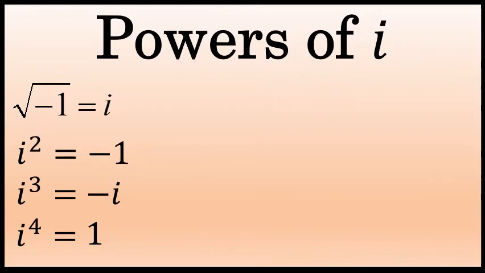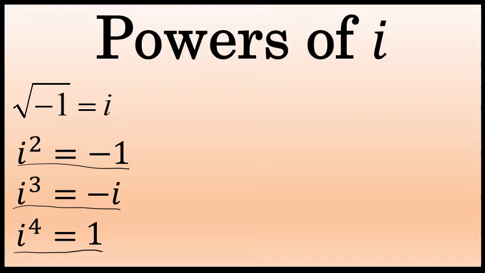If we already know that i to the second is -1, i to the third is -i, and i to the fourth is exactly +1, this is actually enough information to determine a simplification for i to any power.